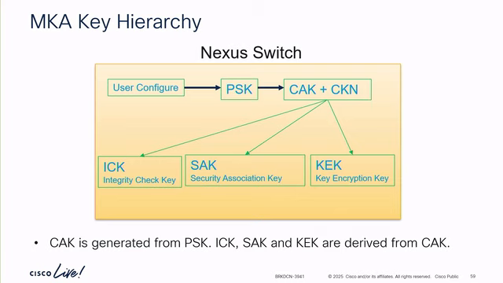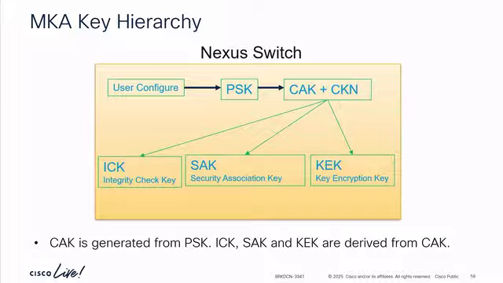keys. First, we have the SAK, Security Association Key. In simple English, the role of this key is to encrypt the data that we're going to send. Now, it's important to keep the key that we use to encrypt the data secure. So therefore, we create another key that's going to encrypt the key that we use to encrypt the data.